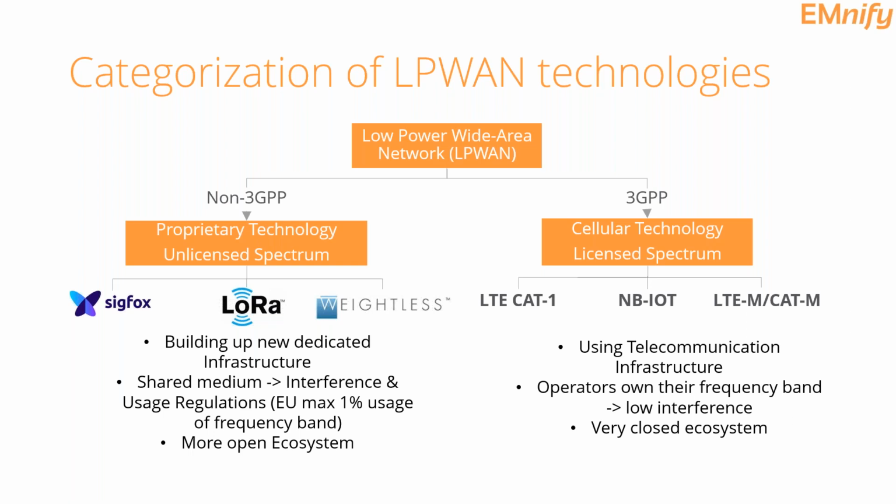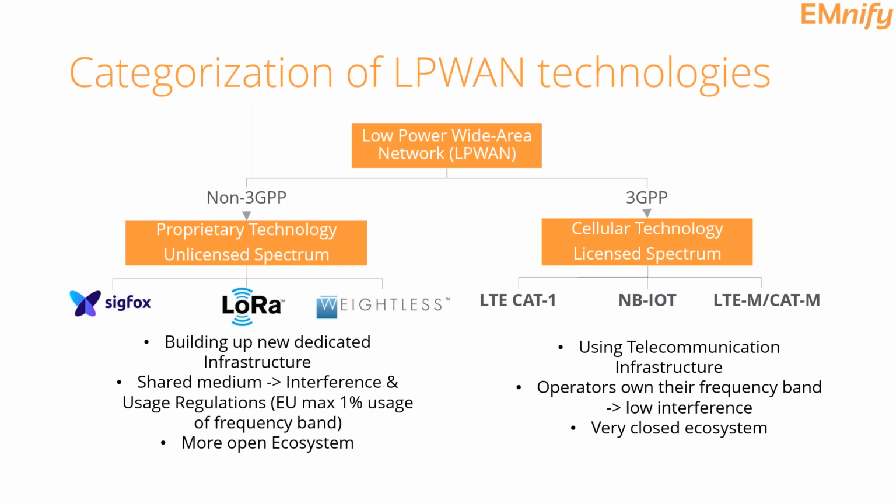In general, I would say that the proprietary technology is more of an open ecosystem. There are more partners where you can join, or even in the LoRa case, you can deploy your own gateways or your own infrastructure and provide connectivity yourself. Whereas on the cellular side, it's all using telecommunication infrastructure.